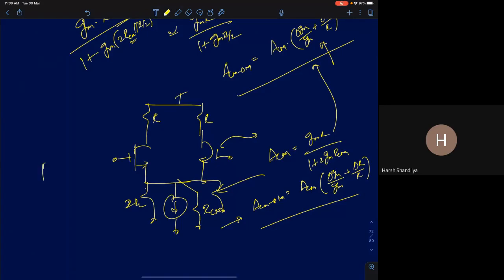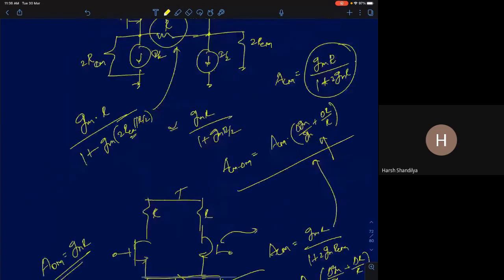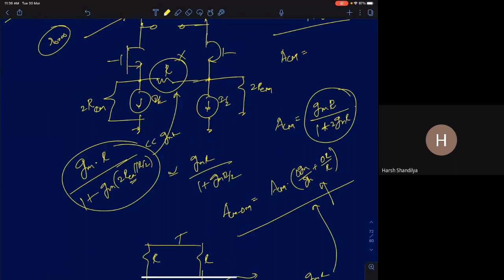But what about the differential mode gain for the circuit? It is Gm times R. Now the differential mode gain for this circuit is GmR by 1 plus GmR, which is of course much less than GmR. So which circuit is better? From a purely common mode rejection point of view, let me call this circuit 1 and circuit 2.